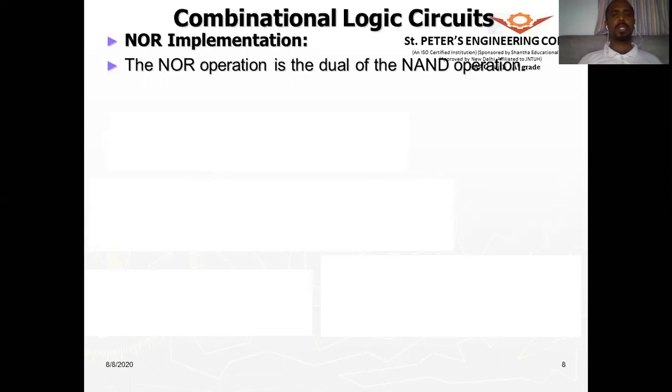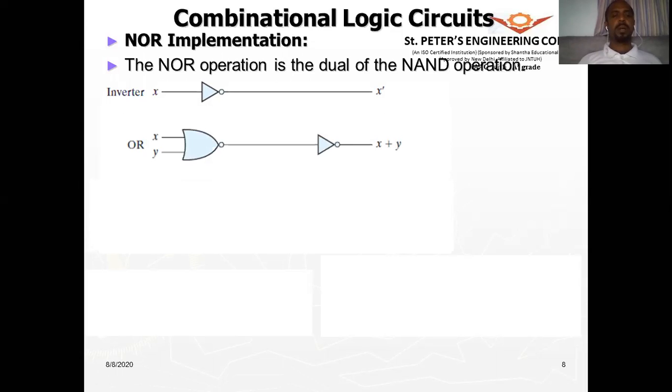So NOR gate is used as a dual operation, just like the NAND gate. So you can use the two input NOR gate and short the two inputs to make it work as a NOT operation or an inverter operation. Similarly, NOR gate can be made to work as an OR gate by giving the output of the NOR gate to a NOT gate implemented using the NOR gate.